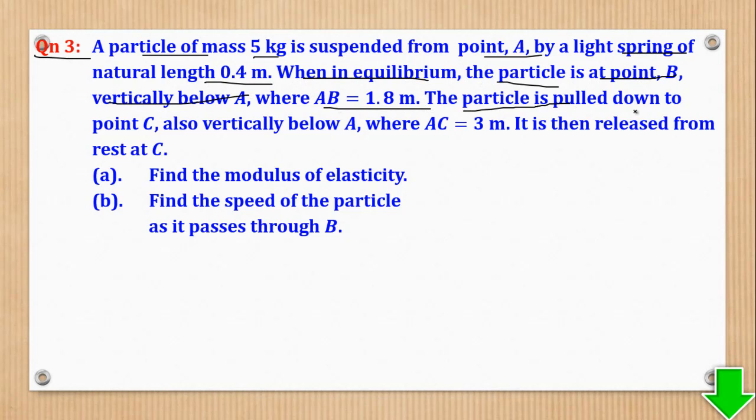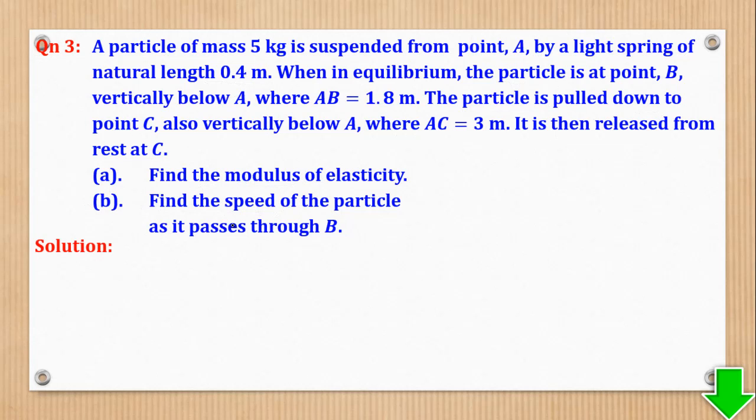The particle is pulled down to point C, also vertically below A, where AC is 3 meters. It is then released from rest at C. Roman 1. Find the modulus of elasticity. And Roman 2. Find the speed of the particle as it passes through B.